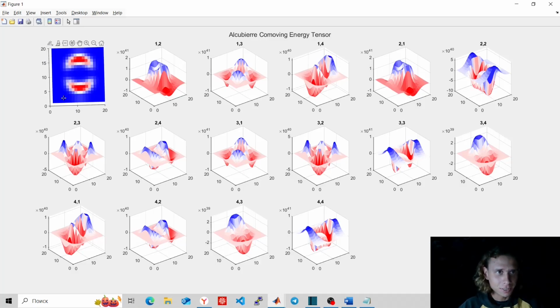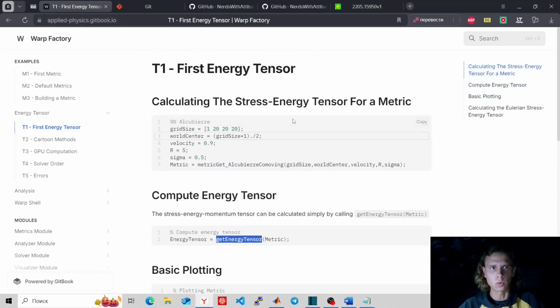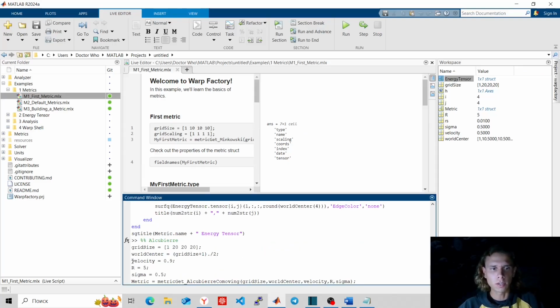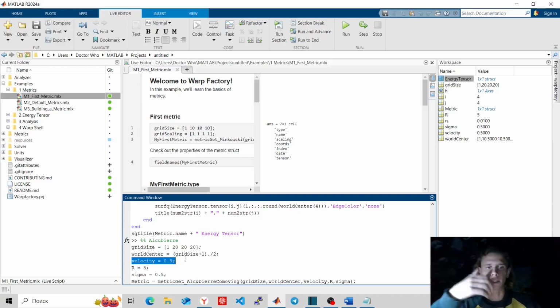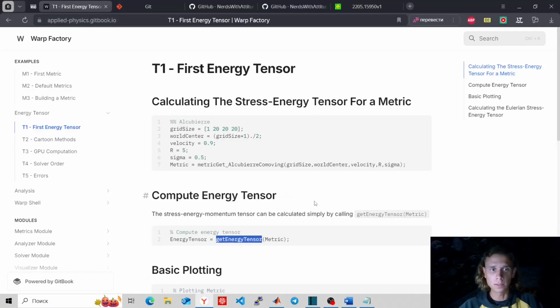So yes, it is. For example, we can again go to this definition of metric, and you see when I'm specifying Alcubierre metric, I input the speed, as you might remember from our introduction to warp drive physics. I can input velocity equal to 10, which is about 10 times the speed of light. Let's see what we will get from it.